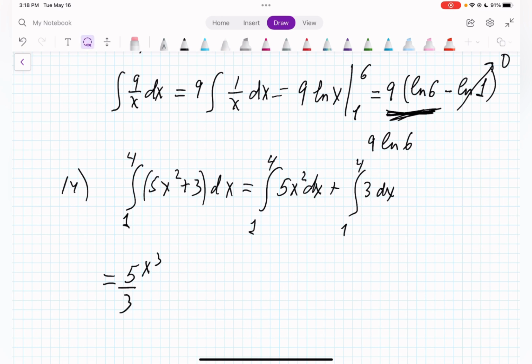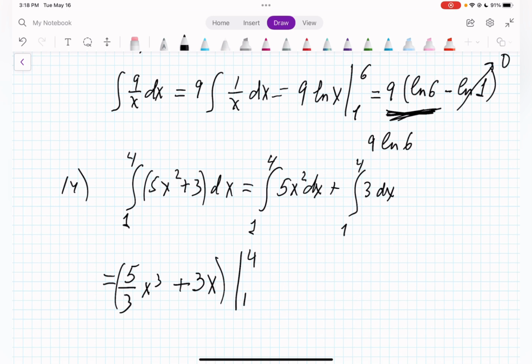Let me move this down. 5 over 3 x cubed. And then plus, what do we have? We have 3. That's going to be 3x, right? And all this I'm going to do for interval 1 and 4.